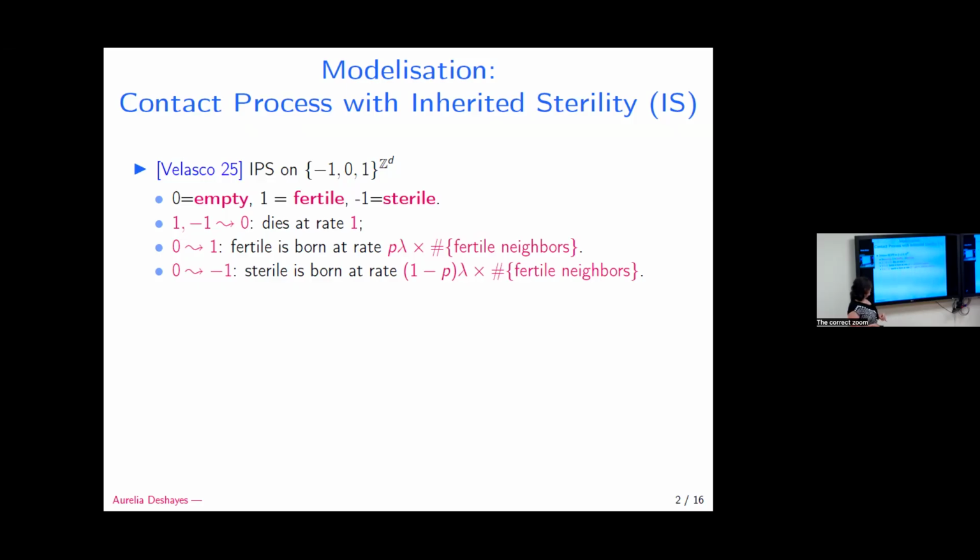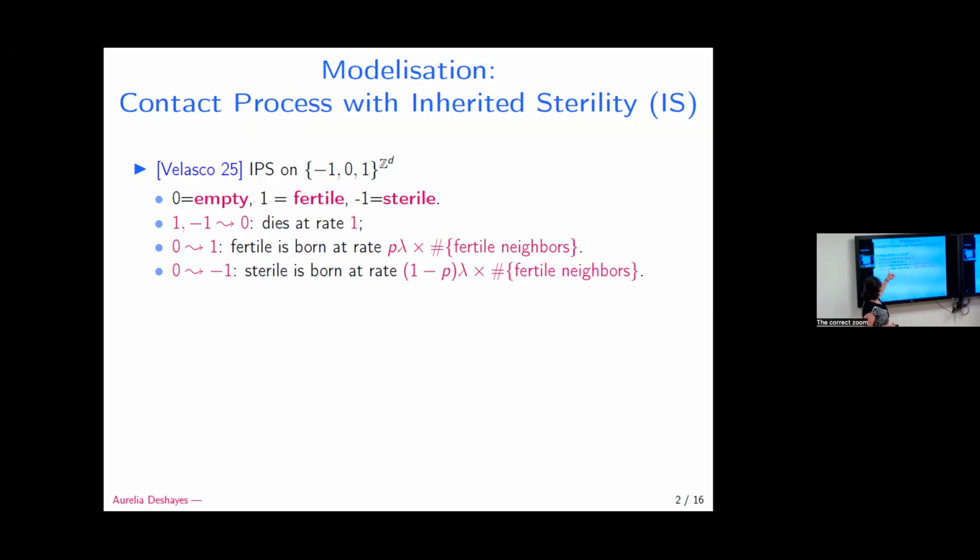And the fertile will reproduce, as we said before. That is, a 0 will become a 1 at rate lambda, this is the birth rate, multiplied by p, by the number of fertile neighbors.